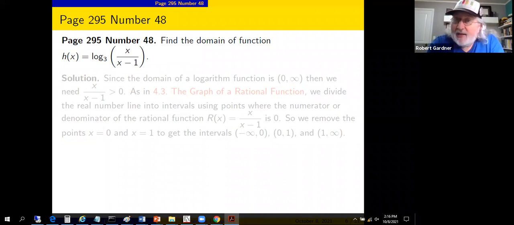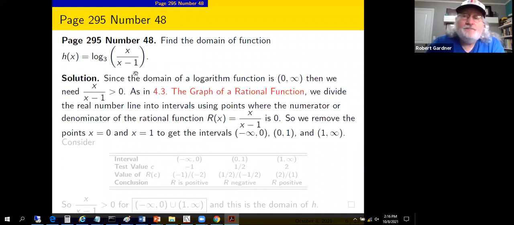So that becomes a brand new and actually our final restriction on these types of functions. What can't we do? You can't take square roots of negatives, you can't divide by 0, and you can't take logarithms of negatives or 0. So that new condition becomes pertinent with these new functions. The domain of a log function is all positive numbers.